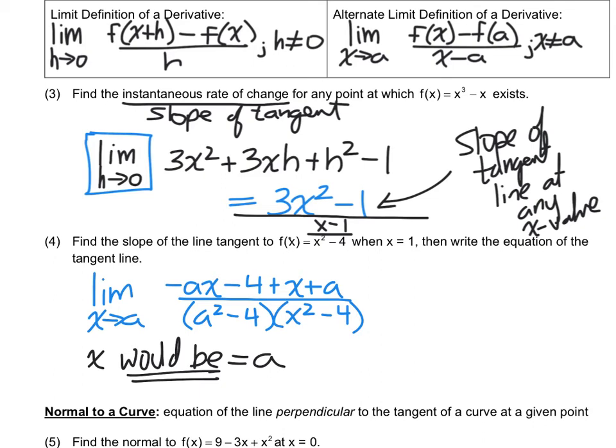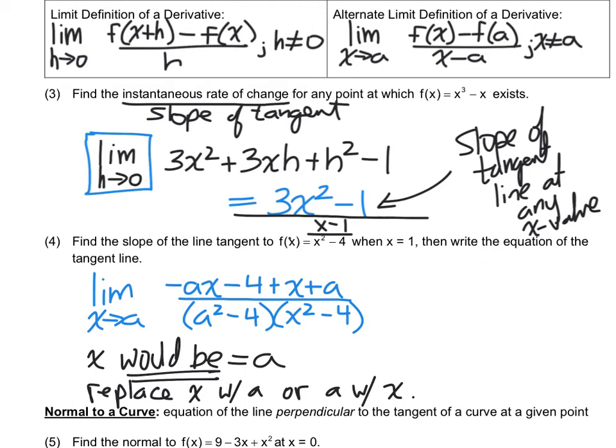All right, that makes x and a interchangeable. So what it tells me is that I can replace any of the x's with a's, or I can replace any of the a's with x's. It all depends on what you're looking for.